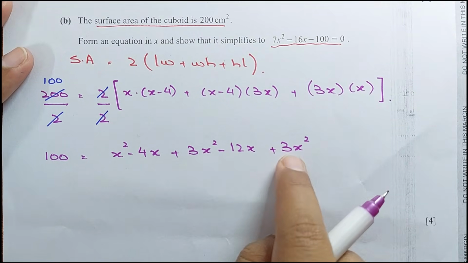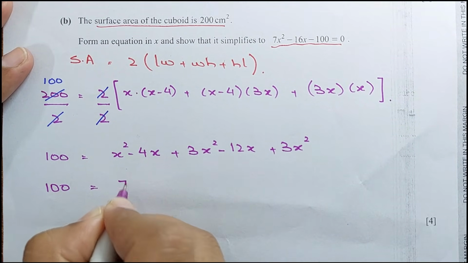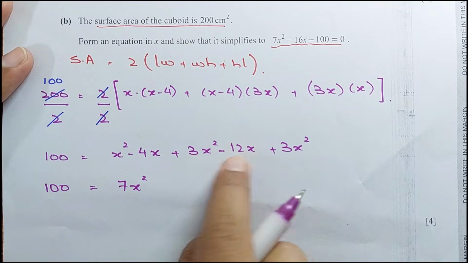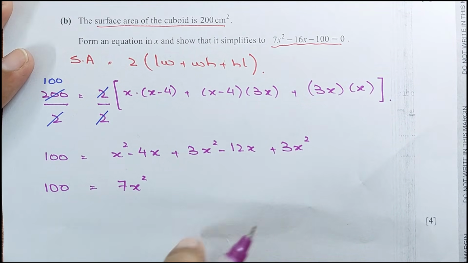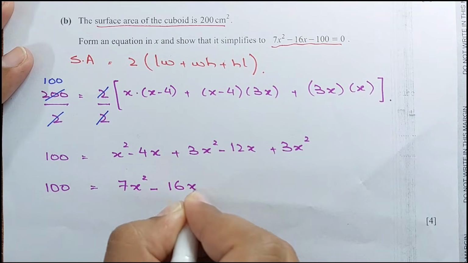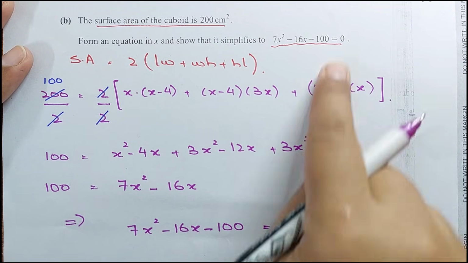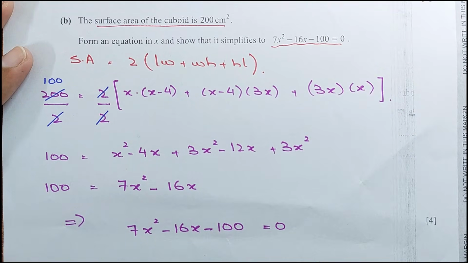So x squared, 3x squared, 3x squared: 1, 2, 3, 4, 5, 6, and 7. 100 equals 7x squared, and the x terms are 12 and 4: 12, 13, 14, 15, 16. Negative 16x. Okay, rearrange this equation. 7x squared minus 16x, shifting the 100 to the other side, minus 100 equals 0. This is exactly equal to that equation.